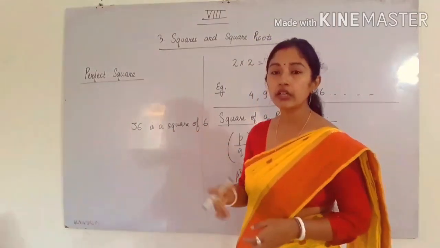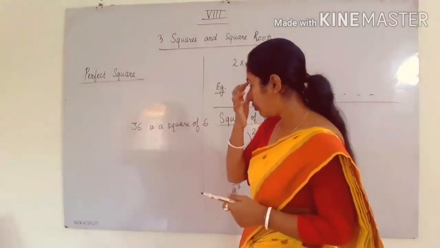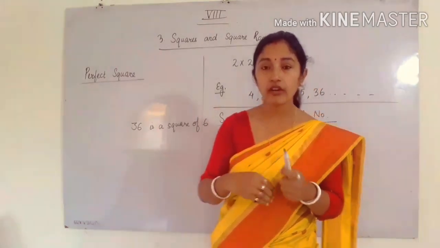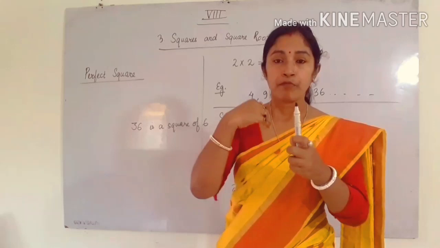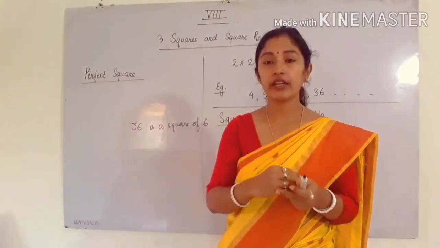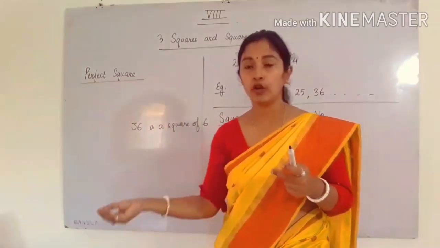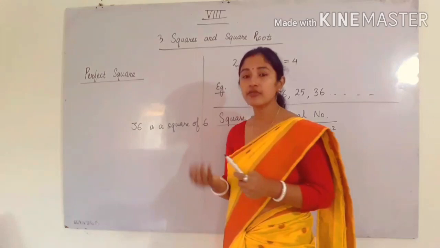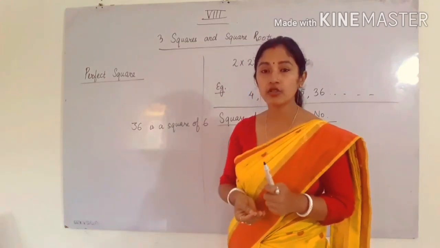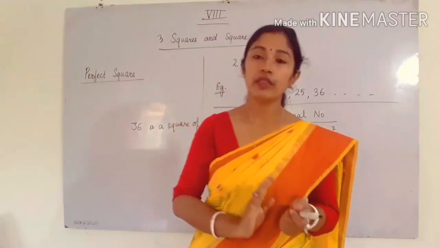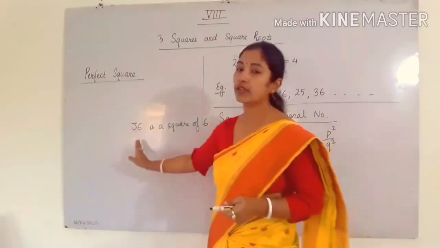So also we can conclude that when we represent a square of a negative number, we will get a positive number. So here we can say 36 is a square of 6 as well as minus 6, because whenever we multiply minus 6 with itself, we also get plus 36.